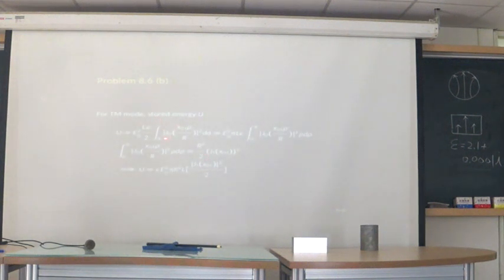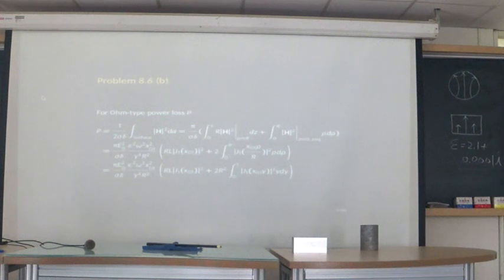After the calculations, in order to find the Q factor, we need to calculate the stored energy in the cavity. The stored energy is equal to the integration. After we use the integration formula of the Bessel function, we will get U equal to this: epsilon times E0 squared times the volume times J1 squared divided by 2.